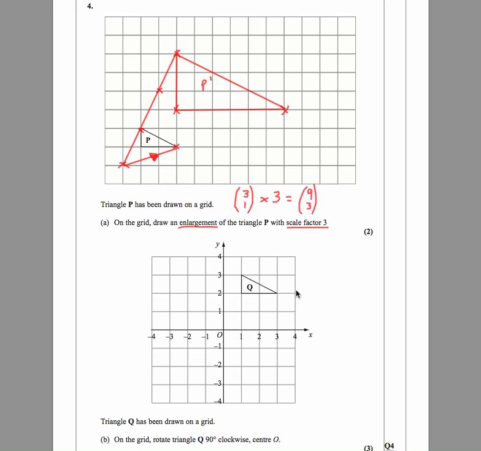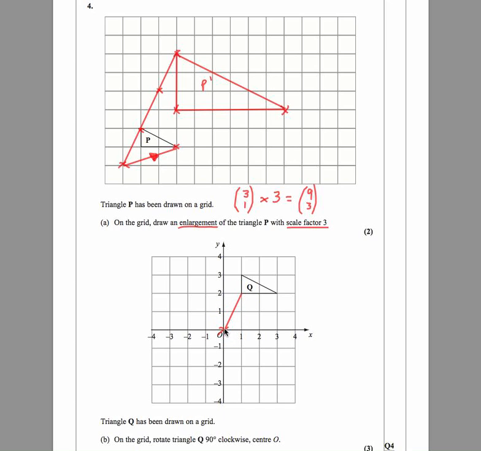Okay, triangle Q has been drawn on a grid. On the grid, rotate triangle Q 90 degrees clockwise with centre O. So that's our centre. We can figure out where these points are going to go, because they are going to be at a right angle from here.